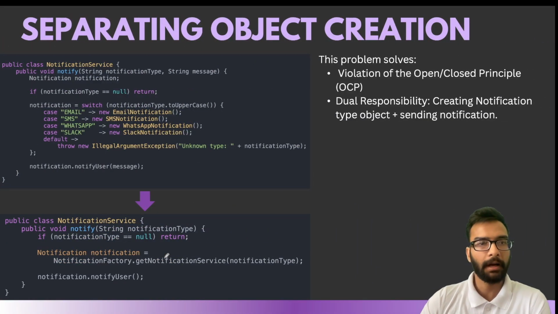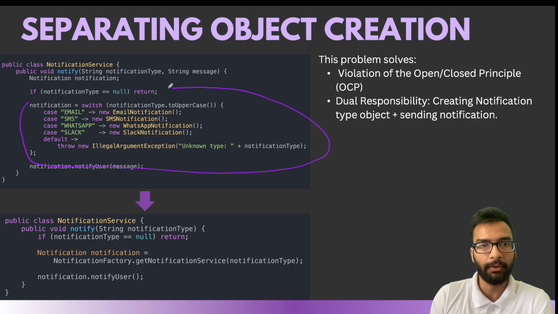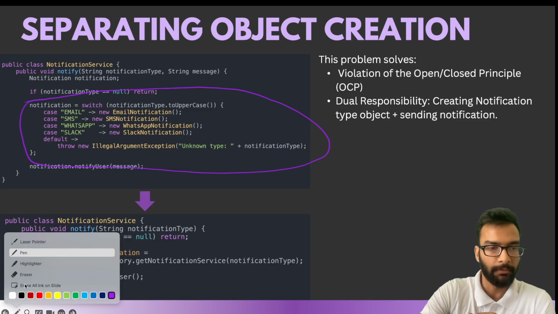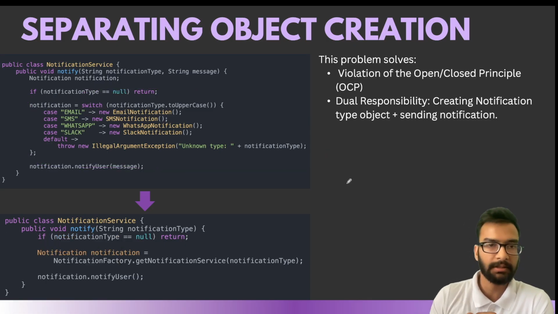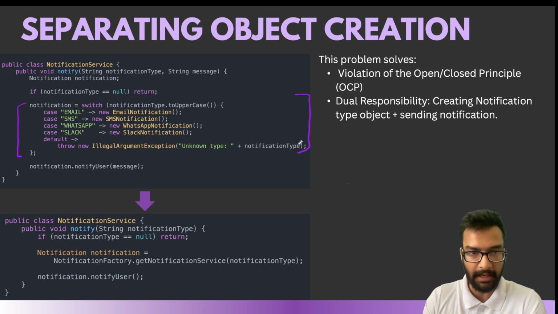The first thing we need to do is notice this is a variable portion, right? Whenever a new type of notification comes, this portion changes. So that's why we have to solve the closed for modification part. What if we can delegate the construction of the object to a different class?